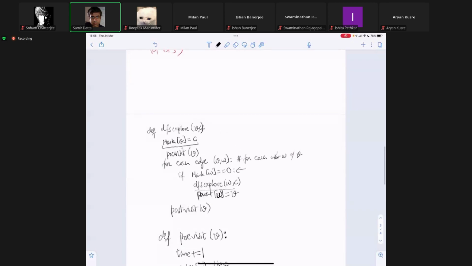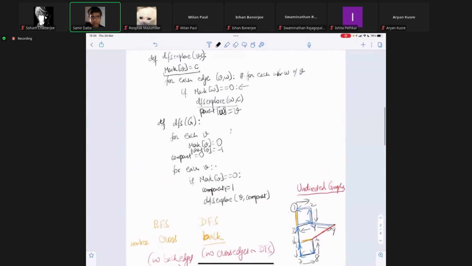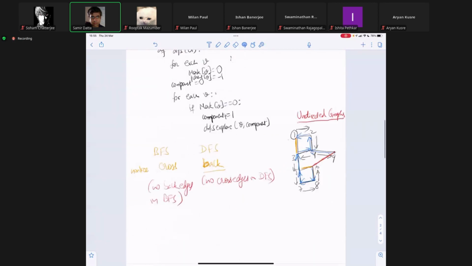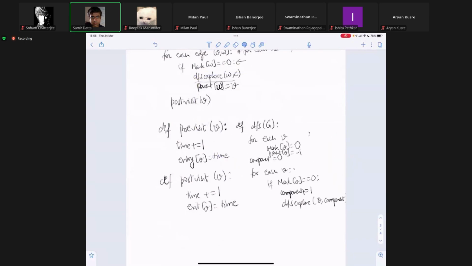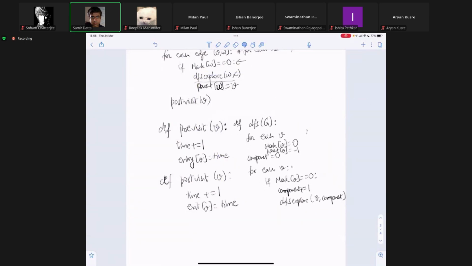Time is a global variable, and here I can even initialize time to be 0, time equal to 0.